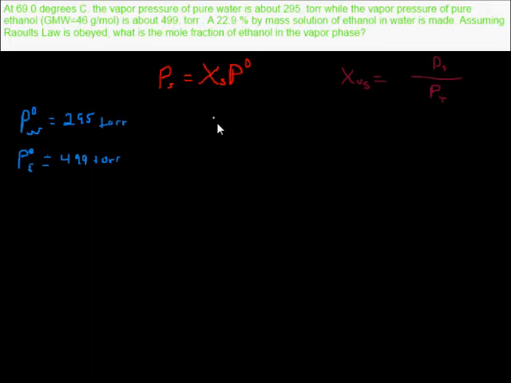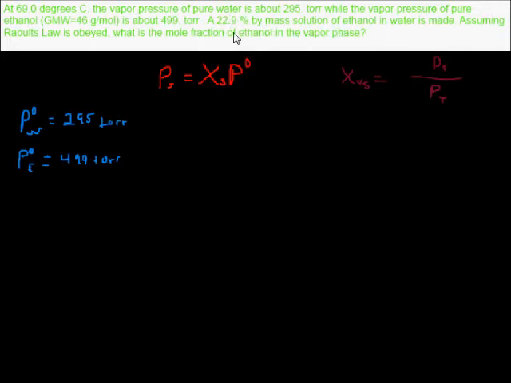Okay, sorry about that. So, yeah, we have to do this equation for both of these, because we need to figure out what the partial pressure is for both of these. And then we can figure out what the mole fraction of ethanol is using this equation. So that's what I see from looking at this equation. We know how to do this part from the last problem, but I'll just go over it again.